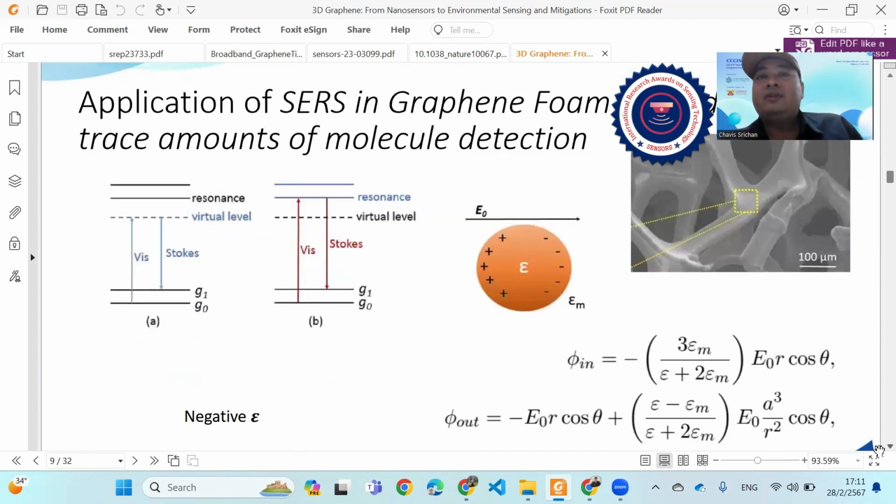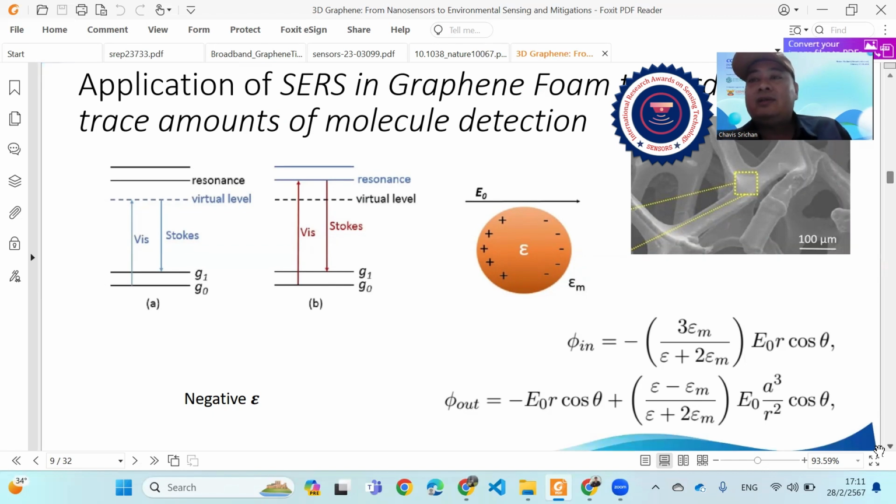Okay, from this equation, when we use the Maxwell equations to solve for the nanoparticle as a sphere and put in all the dielectric constants, you see that there will be a denominator of the dielectric of the metal and the environment.